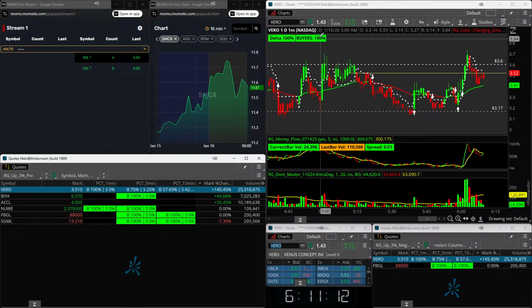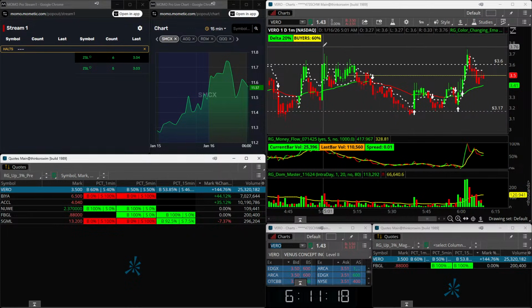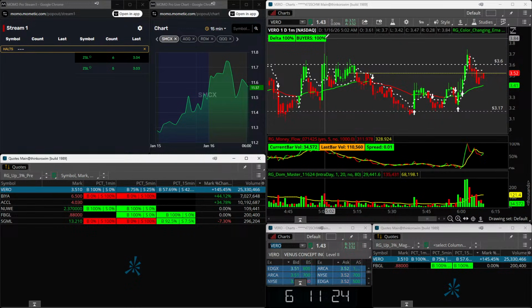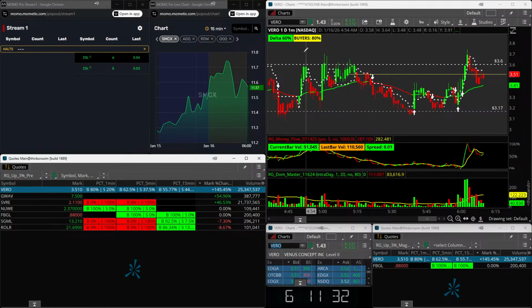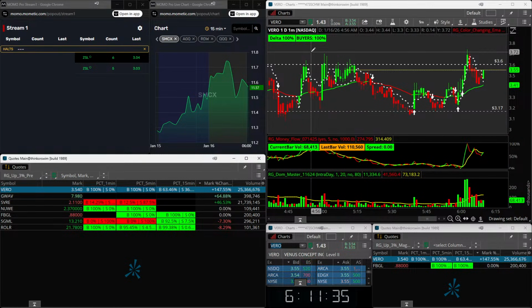So once buyers hits 80 and starts climbing above 80, the price starts rising. If it's red and sellers and the percentage is negative 80 and starts climbing to negative 85, the price starts dropping. So very key, very important label right here.